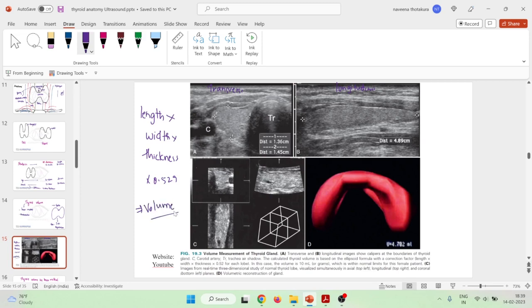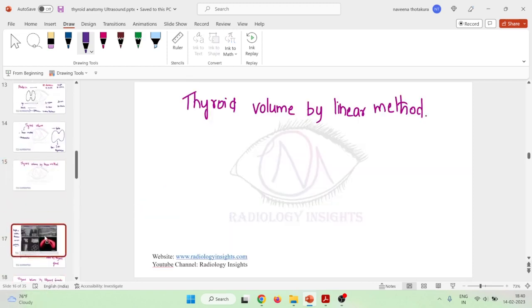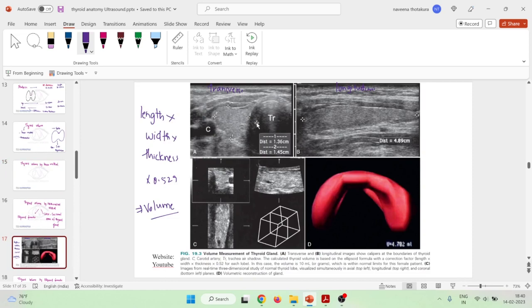So this is the mathematical formula method, not the linear method, I'm sorry. This is the mathematical formula method where you are using the ellipsoid formula, which is nothing but length into width into thickness into 0.529 to calculate the volume of the thyroid gland.